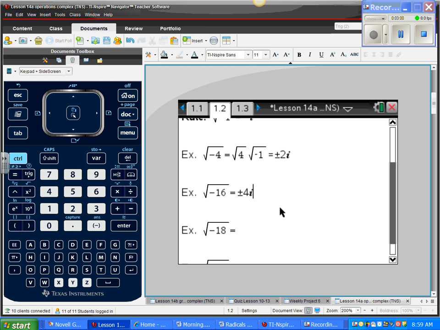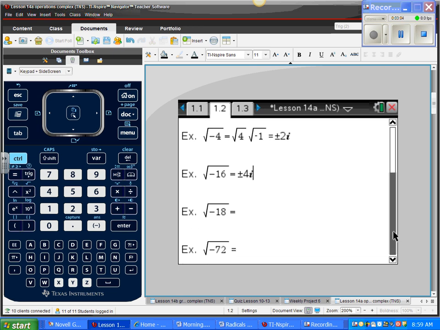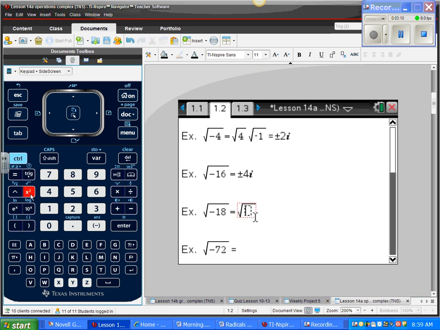Okay with that? So what about when it's not a perfect square? Good. How am I going to break that down? We want the negative to go with the what, though? We want it to go with the perfect square, right? So 9 and 2, negative 9 and 2.